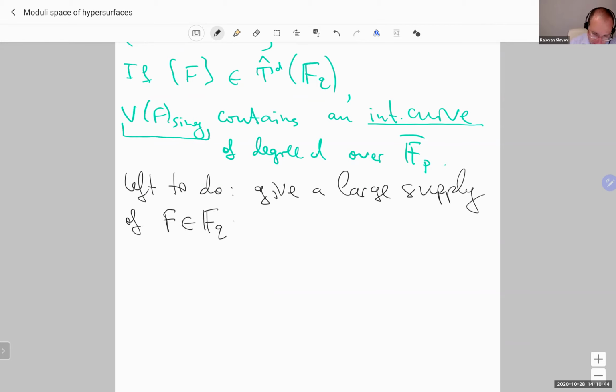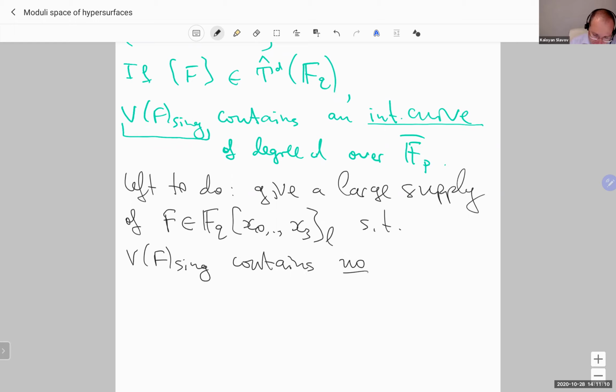We decided that n is equal to 3, homogeneous of degree L, such that if you consider F as a polynomial with coefficients in FQ bar, the singular points in the vanishing locus, V of F singular, contain no integral curve of degree d greater than or equal to L plus 1 over 2. That's all that we're left to do.